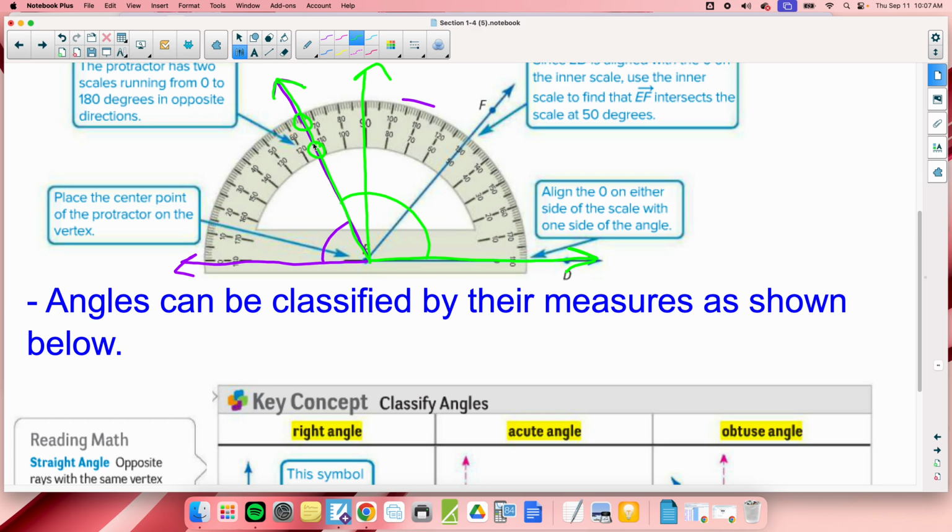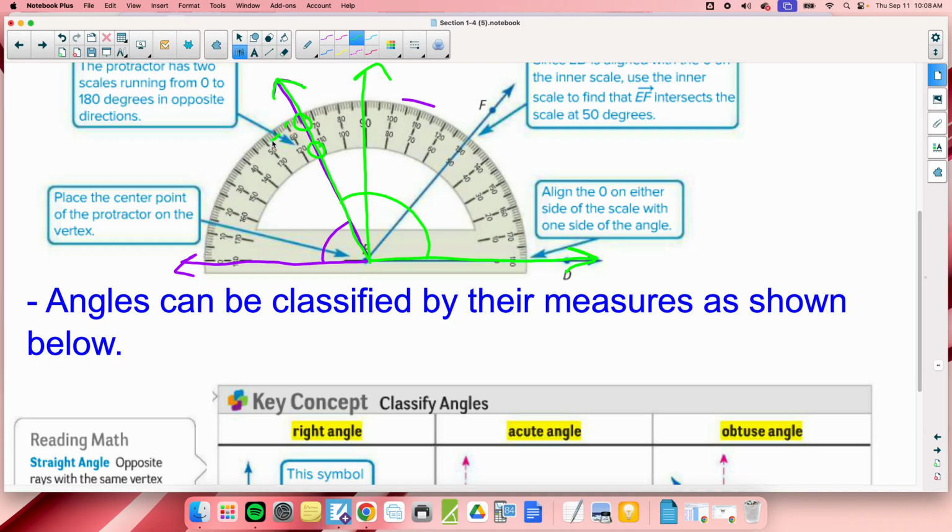Okay, so you'd use the inside scale. Do you guys get that? If it's less than 90, it depends. You know, if it's less than 90 and you're doing this angle, you use the smaller numbers. This one was less than 90, so that's why we use the smaller numbers.